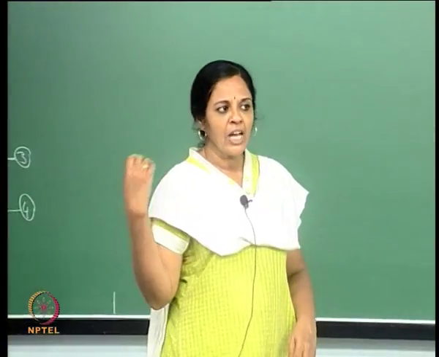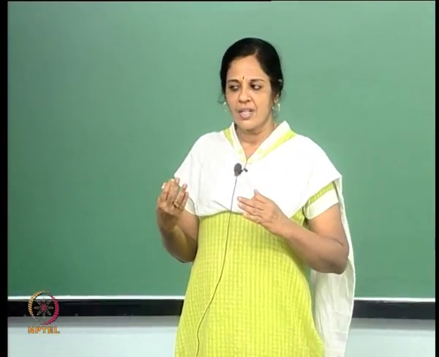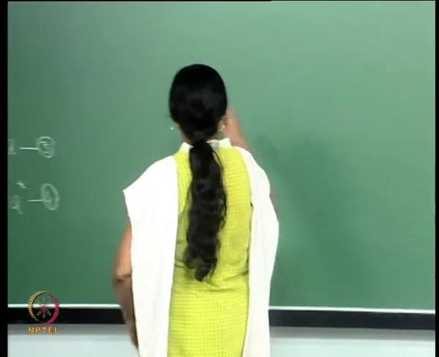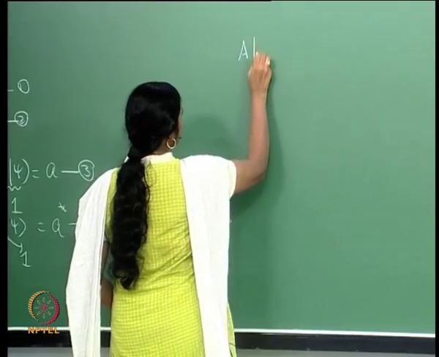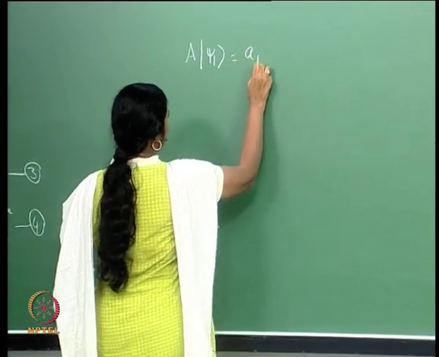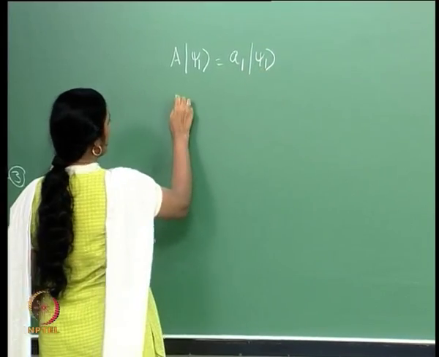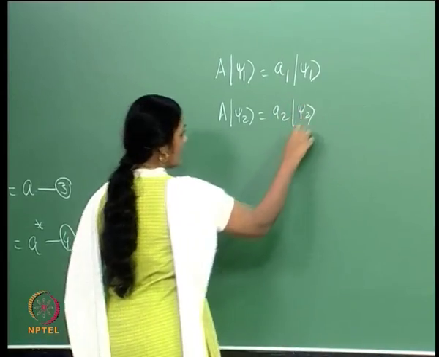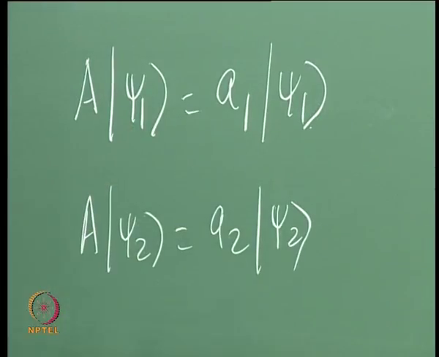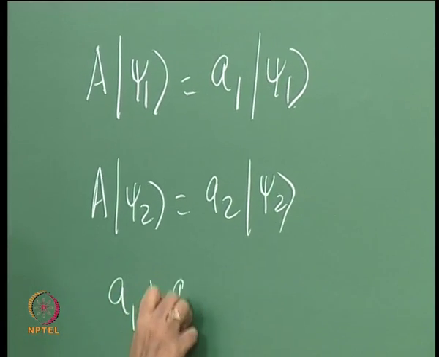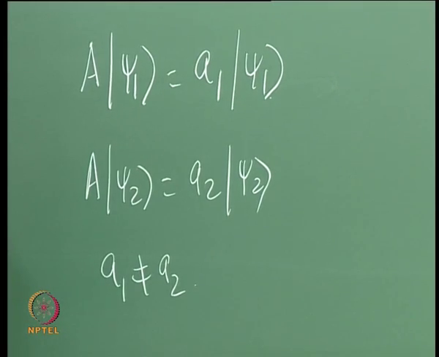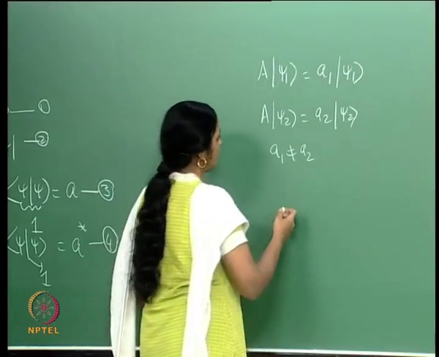Let me also quickly recapitulate how the eigenvectors are mutually orthogonal to each other if they correspond to distinct eigenvalues of A. So, for that purpose, let us take 2 eigenvectors satisfying this eigenvalue equation. a1 is not equal to a2, that is given. They are distinct eigenvalues. Also a1 and a2 are real because A is Hermitian.